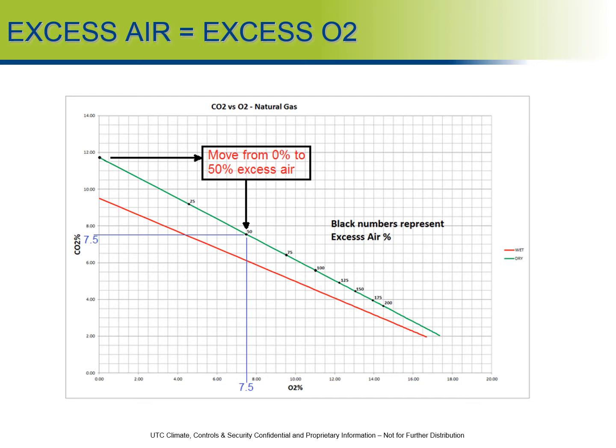All right, but as you can see on this chart, this is bringing in 50% excess air. So we talked about our rule of thumb at 10 cubic feet per cubic foot of gas. We then move to adding an additional 5 cubic feet of excess air.